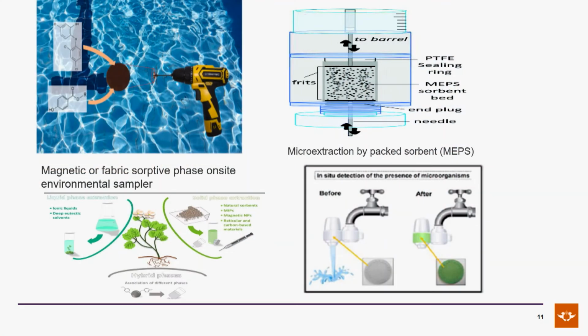So one day we wish to have nanomaterials that will be able to respond to microorganisms. When they open the tap, if they have a tap, it will be able to tell them by color or by any other form that this water is not good for you.